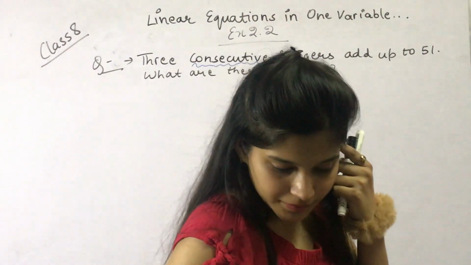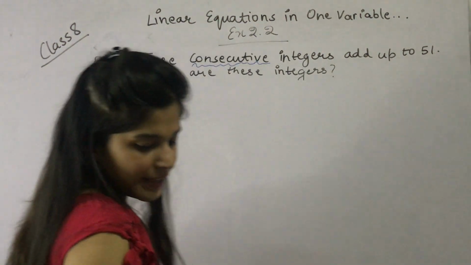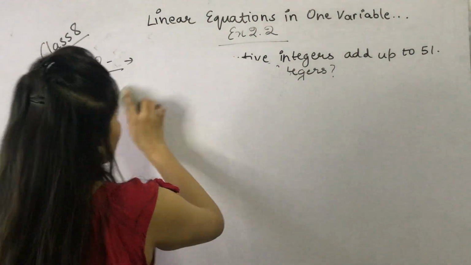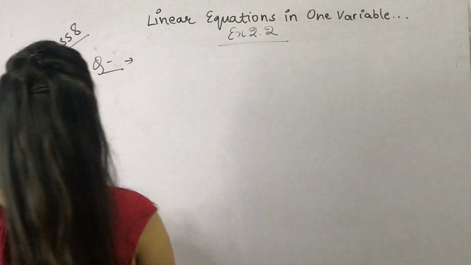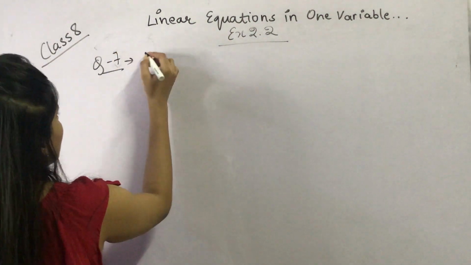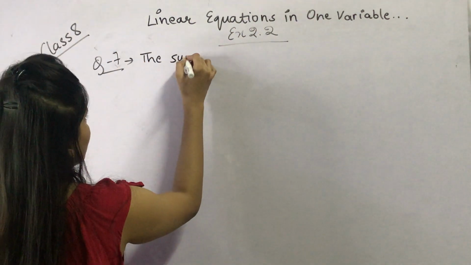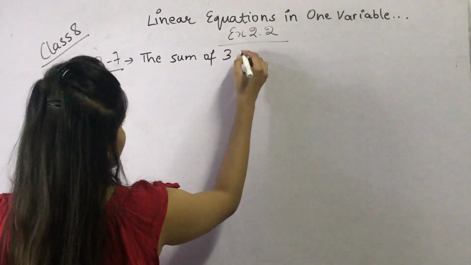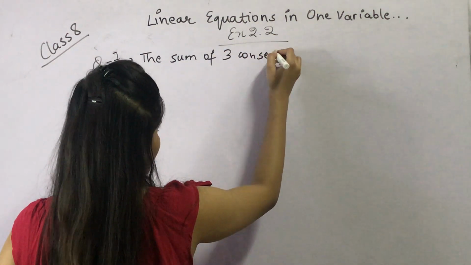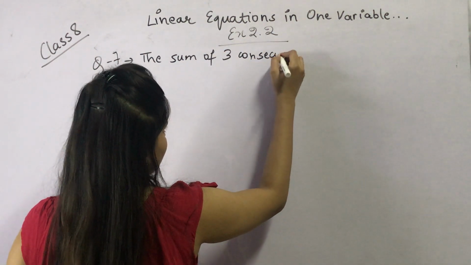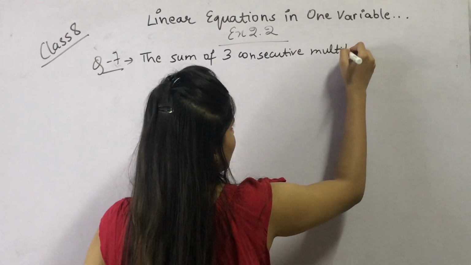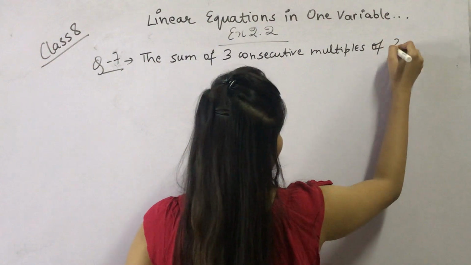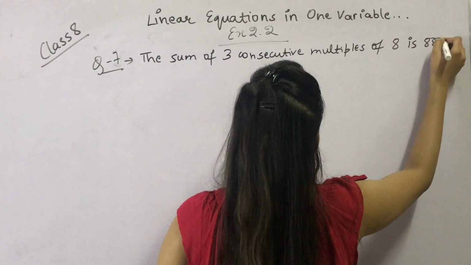Question number 7. The sum of three consecutive multiples of 8 is 888.